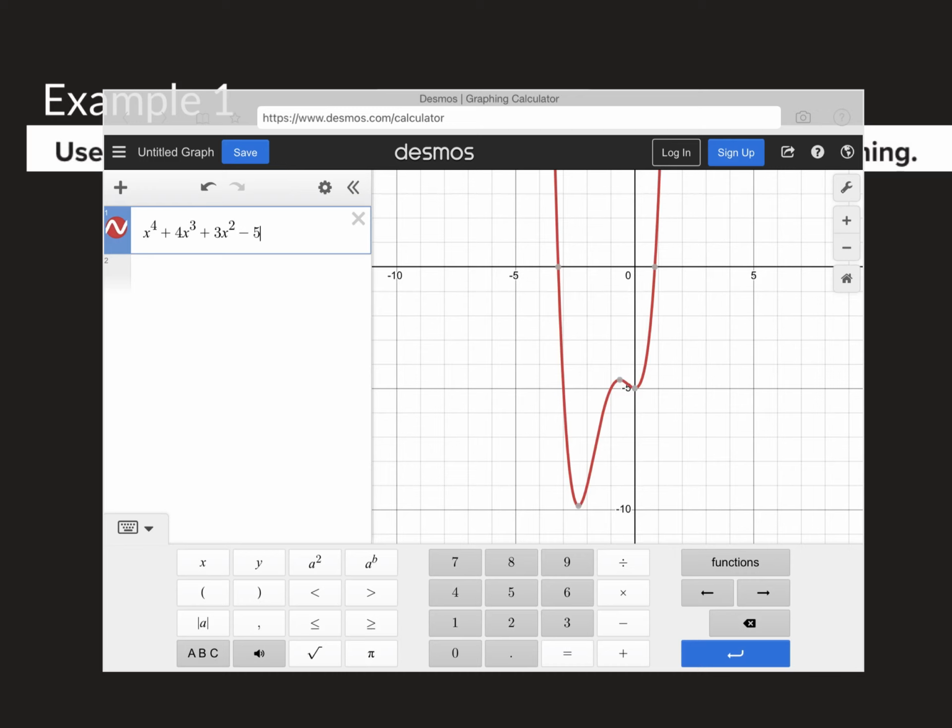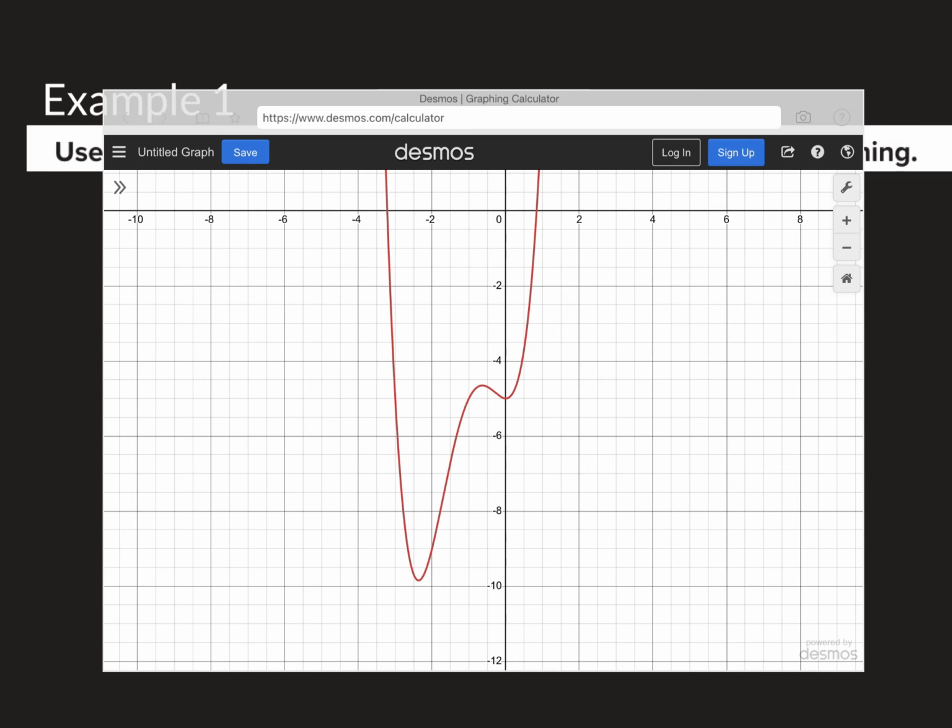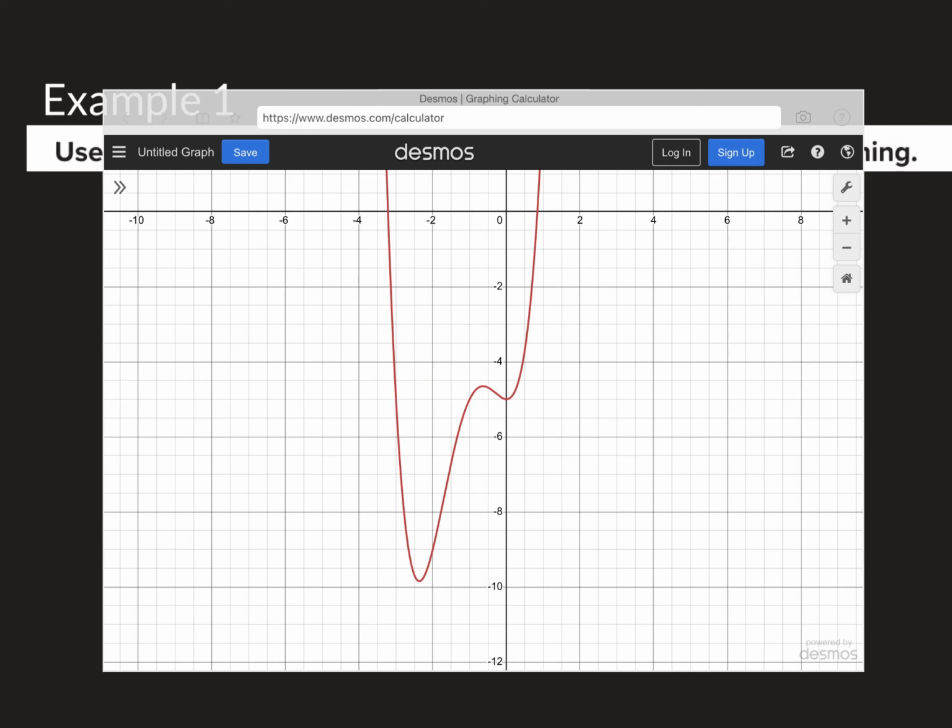And as you can see, I was correct about the end behavior. Both ends are pointing up. And my x-intercepts appear to be negative 3.22 and 0.84.